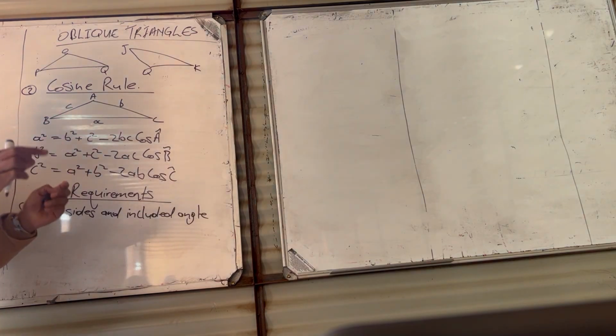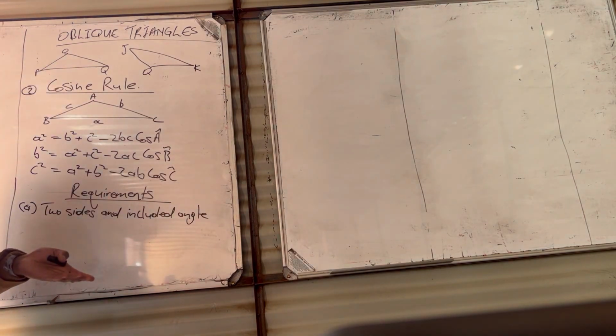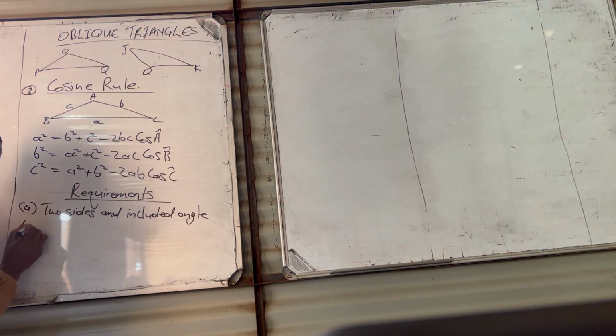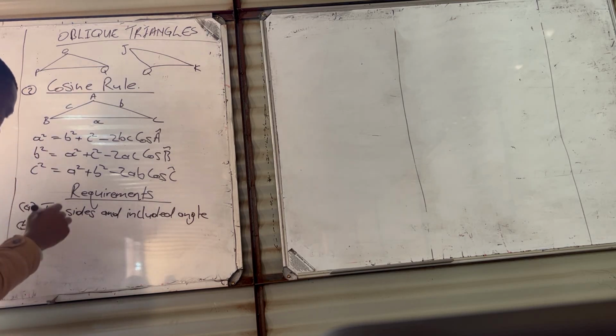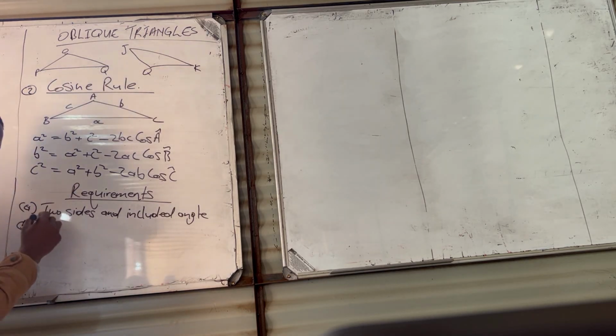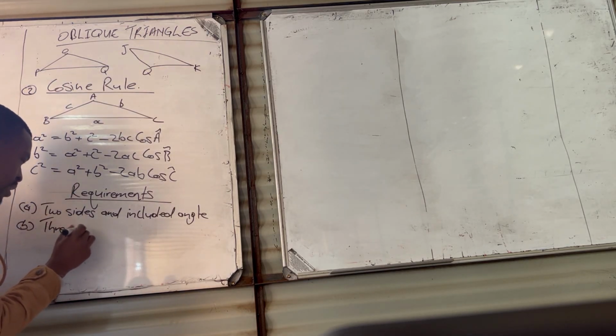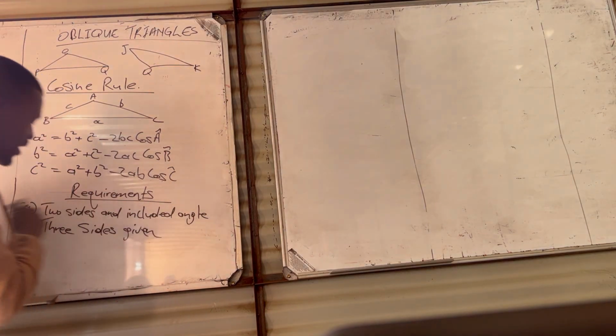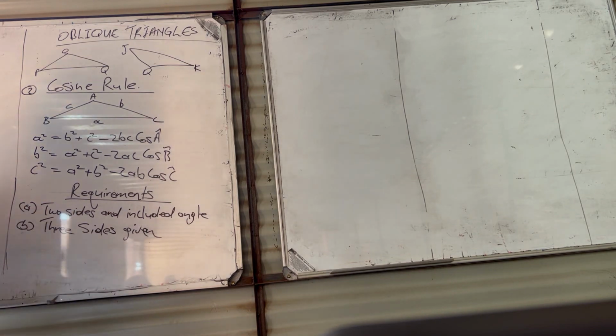Remember, the two sides, and the angle between the sides is the included angle. It is not opposite to any of the sides. Then maybe the third requirement: three sides are given, and we want an angle.